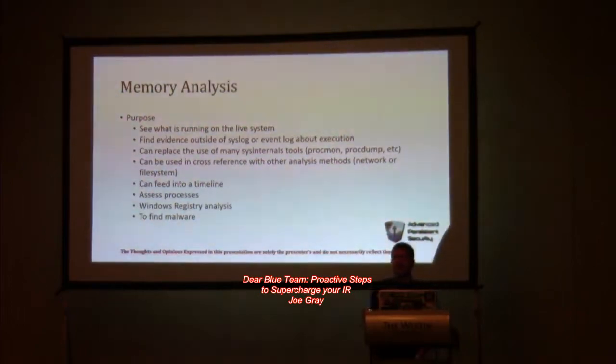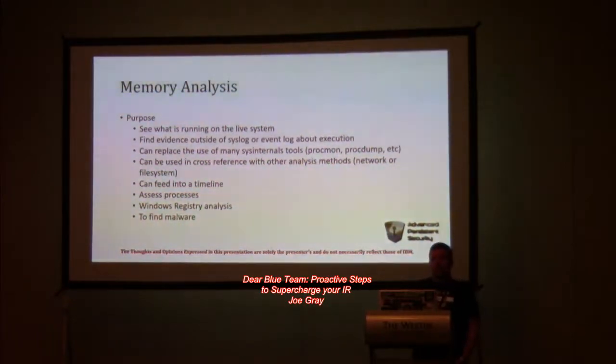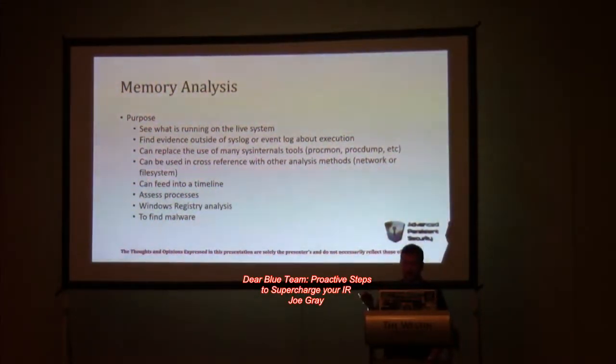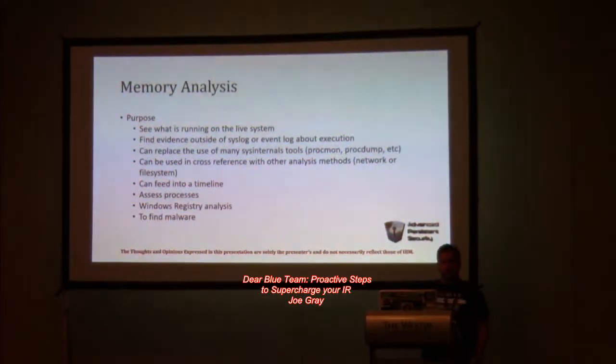In forensics, we deal with timelines a lot. We look at a timeline of what events occurred in the file system, on the network, and so forth. What happened? So we're looking to recreate the story of the adverse event. You can actually use memory to create a timeline as well. Volatility will do that. You can look at processes.